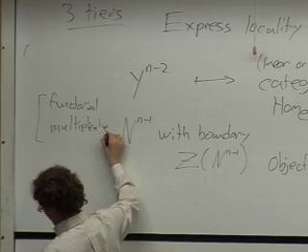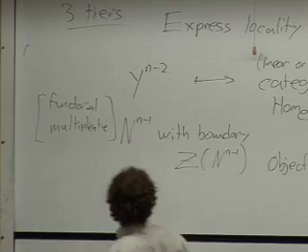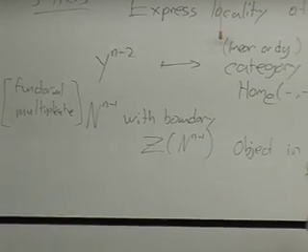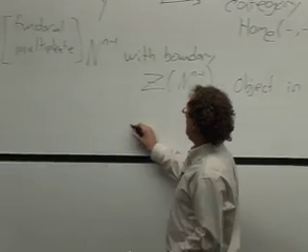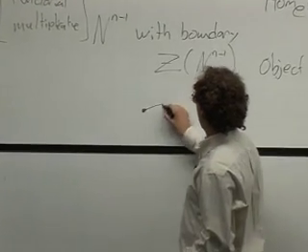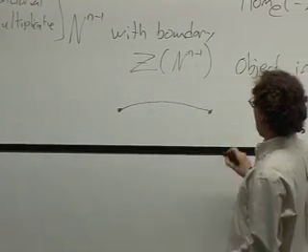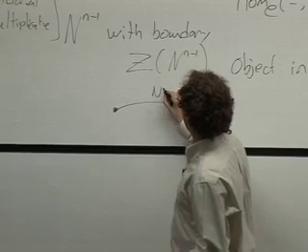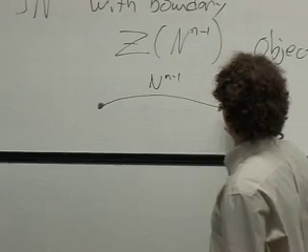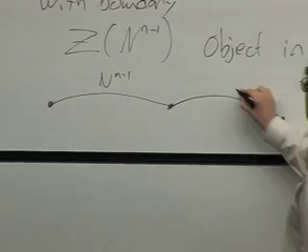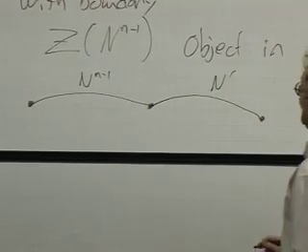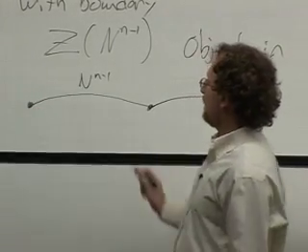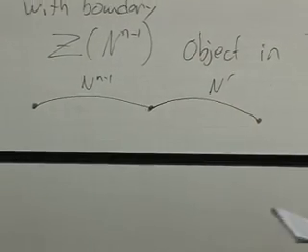And I want the picture of composition under cobordisms. So let me just draw it this way. If this is my first manifold, and this is a second manifold, then what am I going to get here?